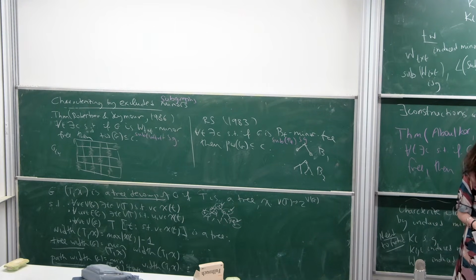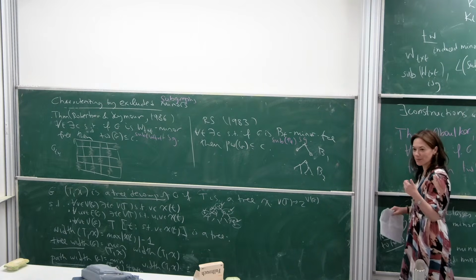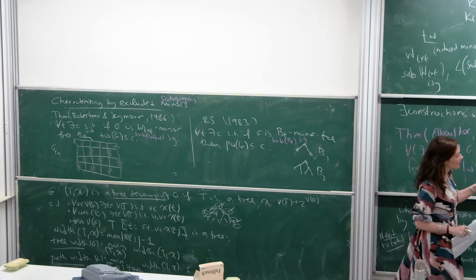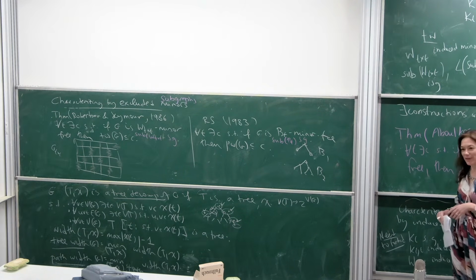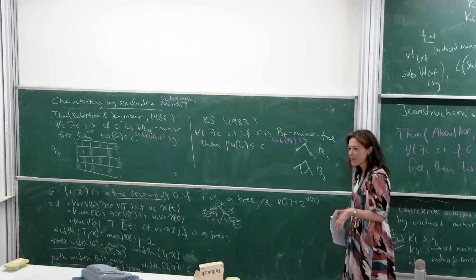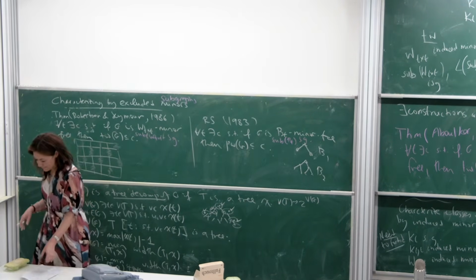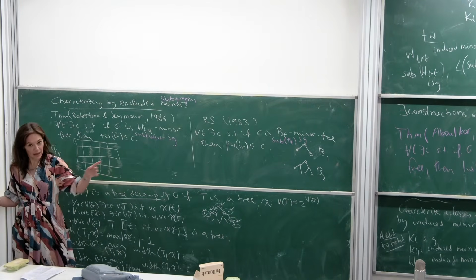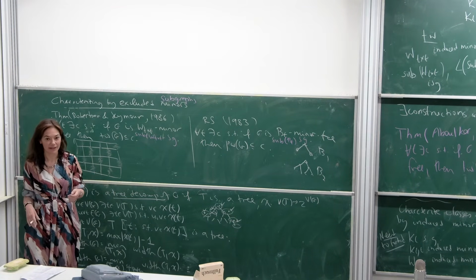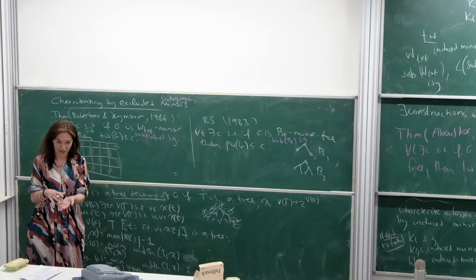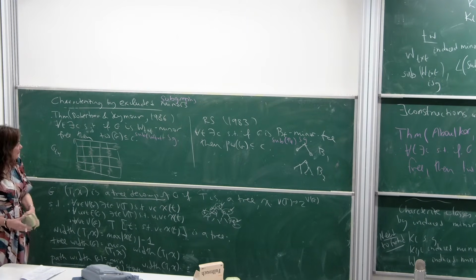If treewidth is logarithmic, you can solve max weight independent set in polynomial time. If treewidth is poly-logarithmic, you can solve it in quasi-polynomial time. And what I'm going to show you is a weakening of that still allows you to solve max weight independent set in sub-exponential time, which is already something.